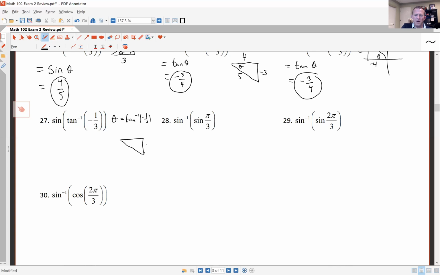And if it's opposite over adjacent, I have to put the negative on the 1. Now, a squared plus b squared equals c squared. So that's 9 plus 1 is 10. That's the square root of 10. We're taking the sine of that angle, and the sine of theta is negative 1 over root 10. We rationalize the denominator on that and get negative root 10 over 10.